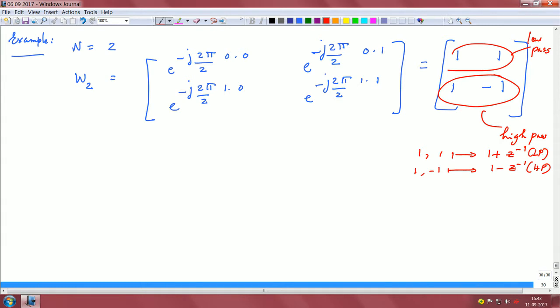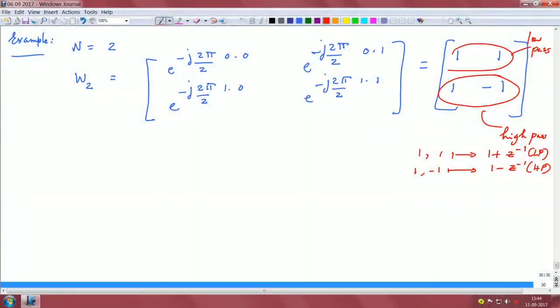Now, this sort of gives us an indication that the DFT is doing already something for us in terms of filtering. If you look at the rows of the DFT matrix, you are going all the way from low pass filters to high pass filters, and you can do this example for W3, W4, so on and so forth, and you can conclude.